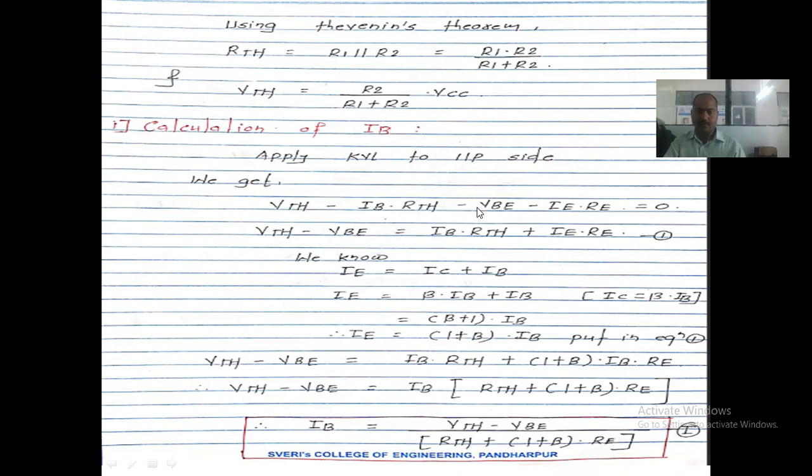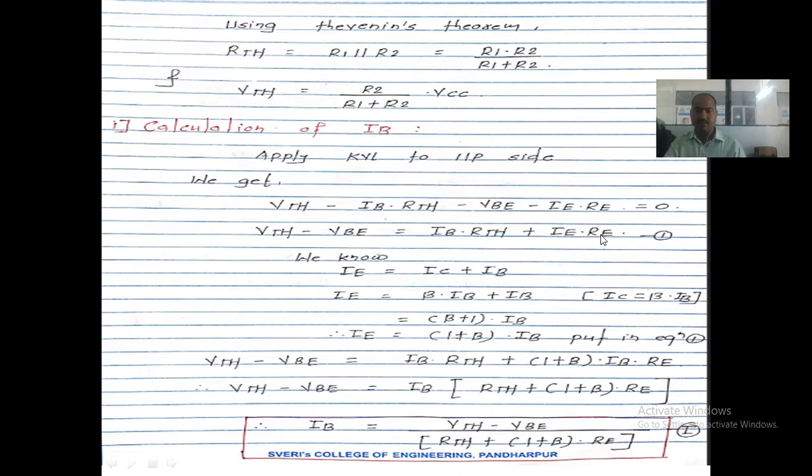Now we take VTH and VBE on the same side, and everything else goes to the other side. So VTH minus VBE equals IB into RTH plus I into RE, because the minus going to the other side becomes plus.